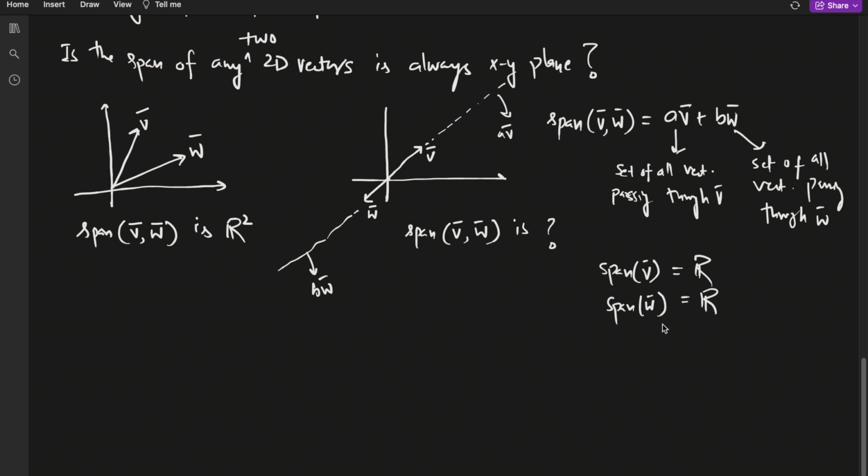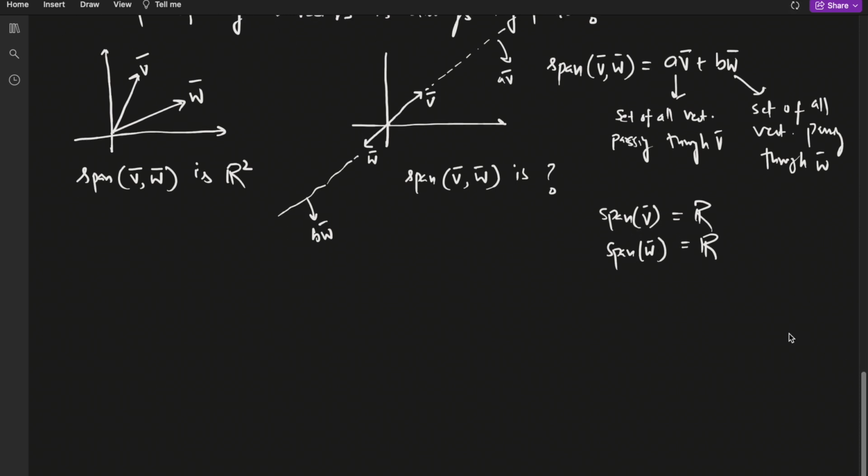This is R. This is true for any vector, any 2D vector except the origin, right? Now because these two vectors are lying on the same line, we cannot have any linear combination which will give us a vector outside this span, outside this line, right?